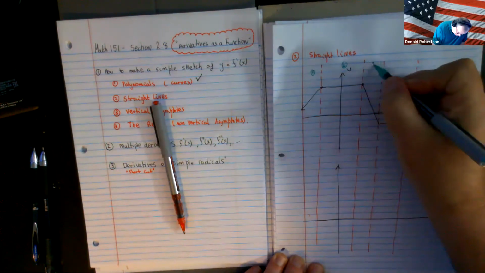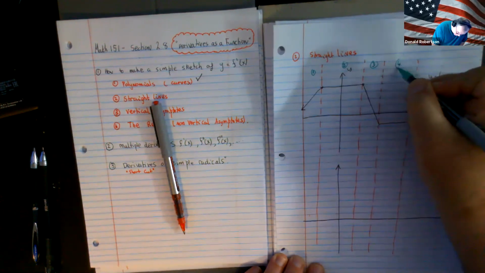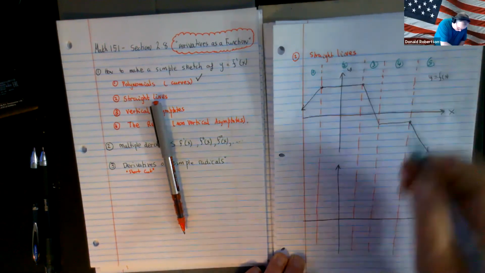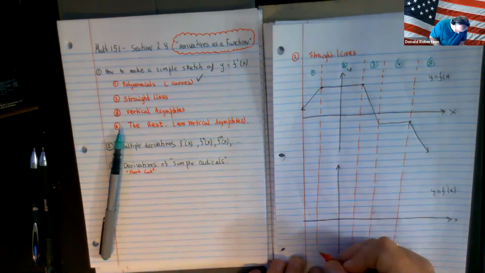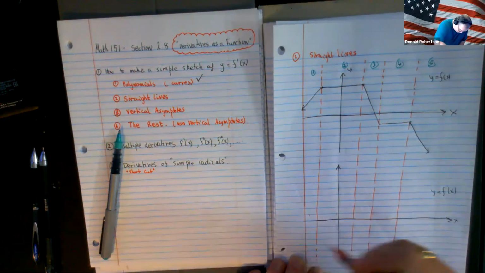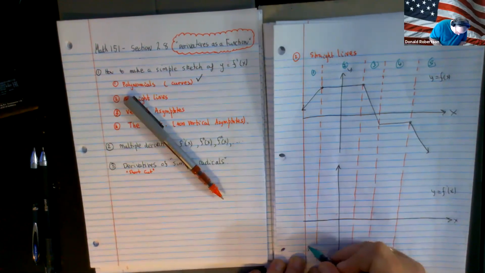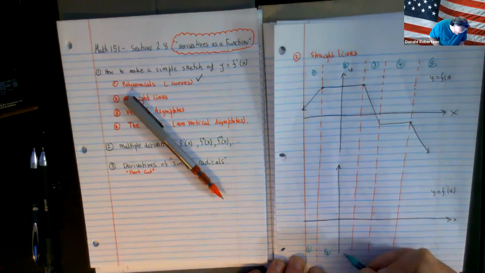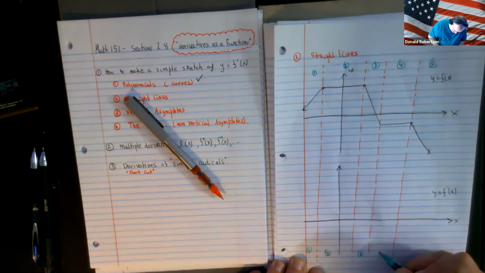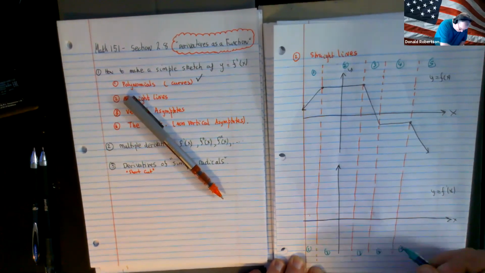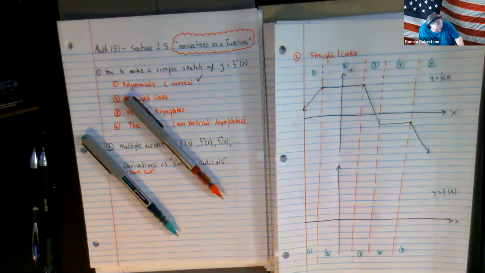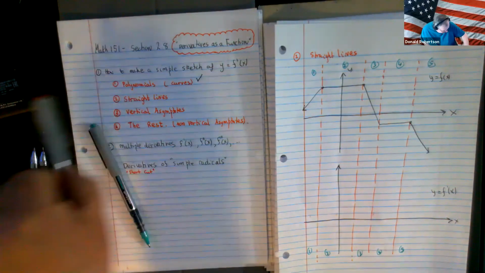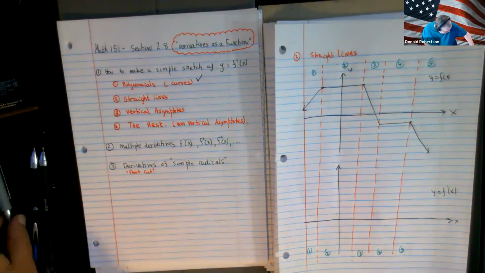There's my 3rd region. There's my 4th, and there's my 5th. So I've got region 1, region 2, region 3, region 4, finally region 5. Now things get a little bit different here.